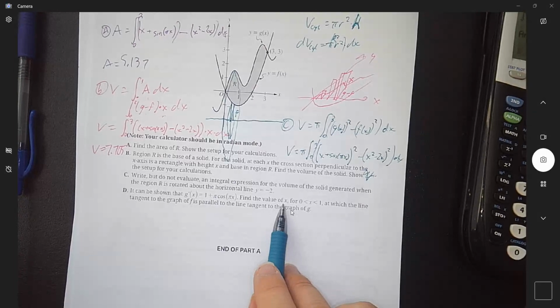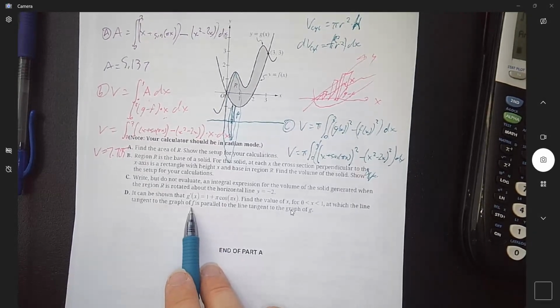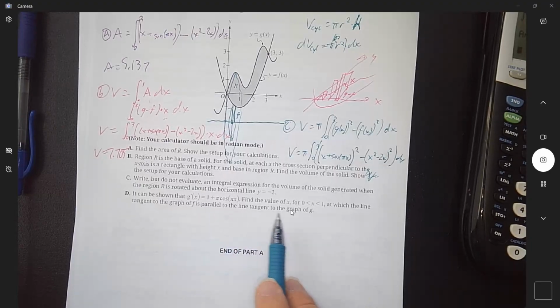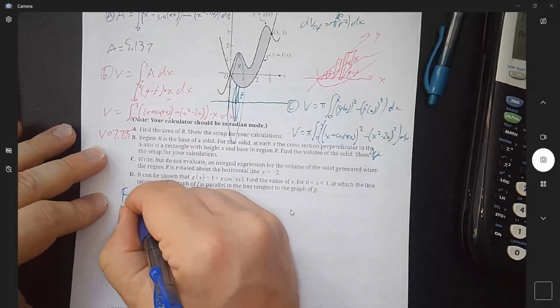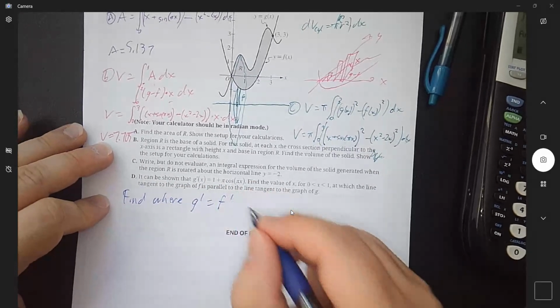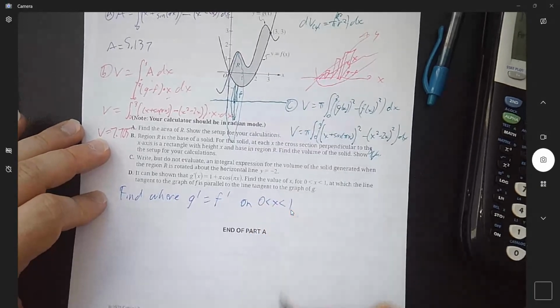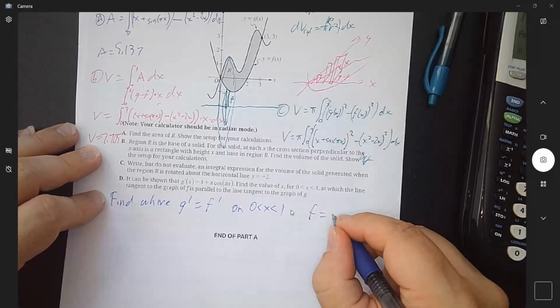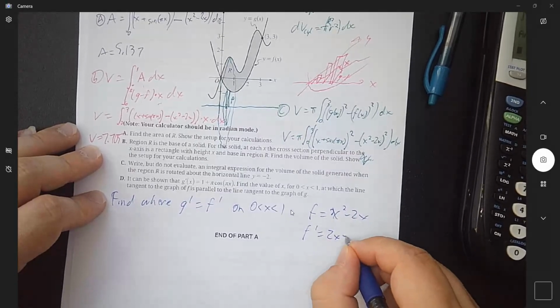Find the value of x at which the line tangent to the graph of f is parallel to the line tangent to the graph of g. In other words, find where g prime equals f prime, with x less than 1. f is x squared minus 2x, so f prime is 2x minus 2.